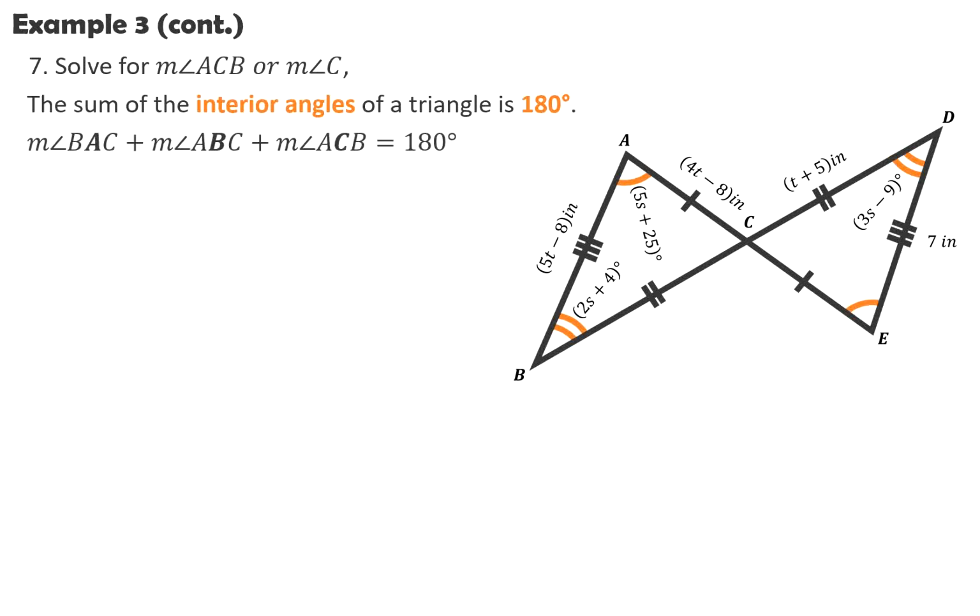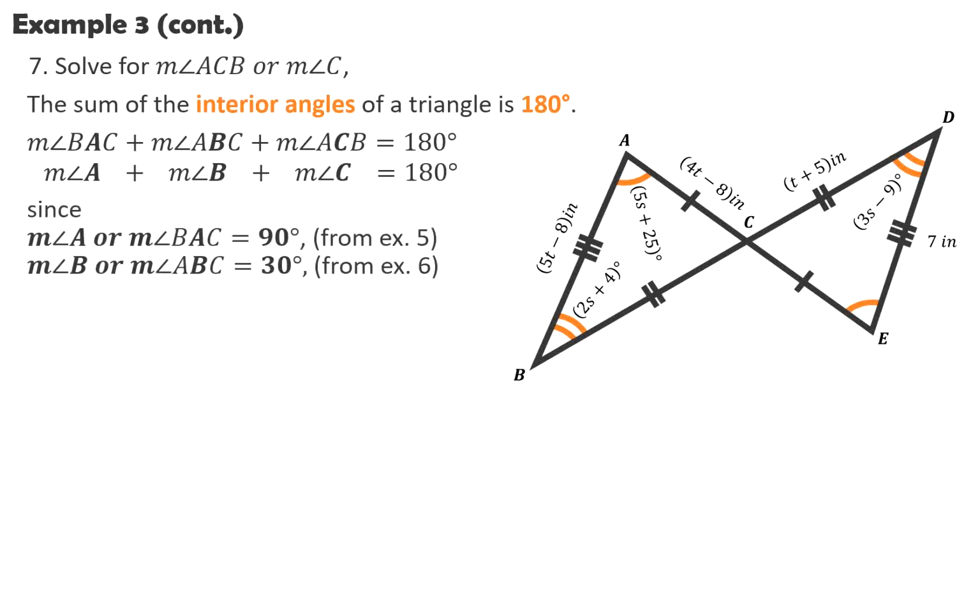Now, since yung measure ng angle BAC na equivalent siya sa angle A, plus yung measure ng angle ABC or angle B, plus yung measure ng angle ACB or simply angle C, dapat equal siya sa 180 degrees.